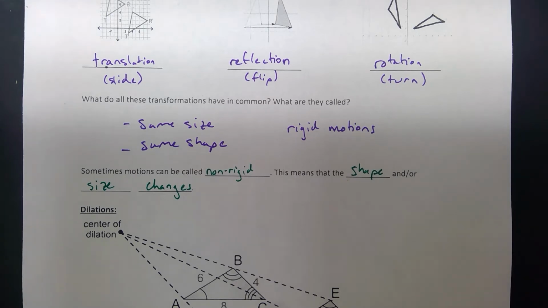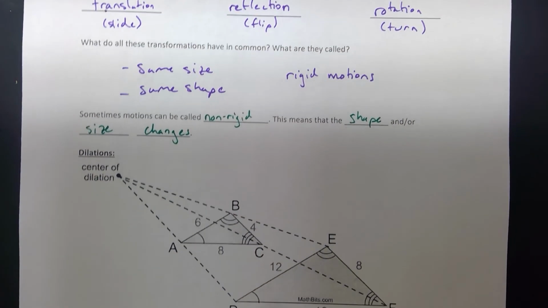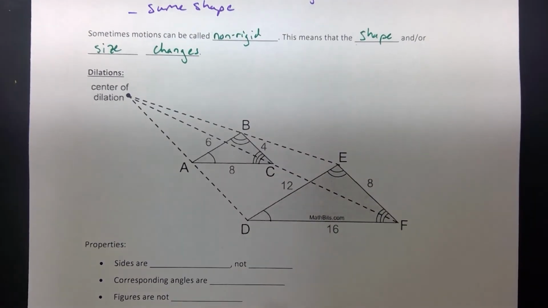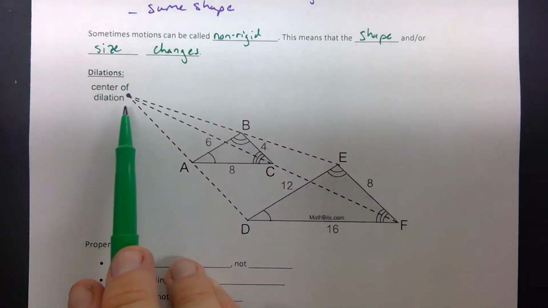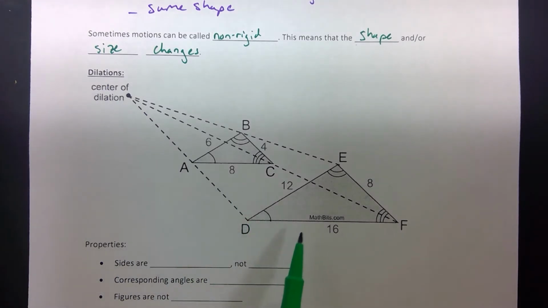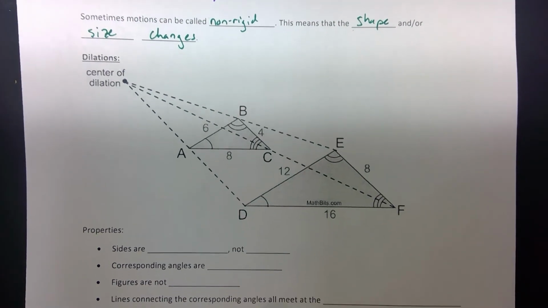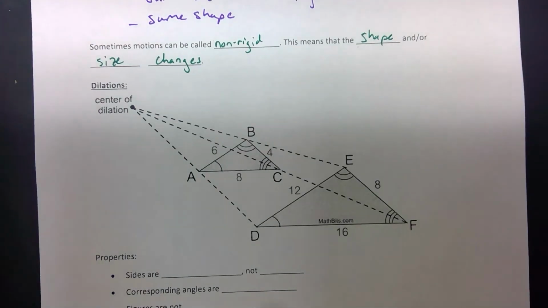All right, so we've got a nice little picture of a dilation here for us. Okay, we have our center of dilation here. That's our important point. And then we have two figures here, two triangles. And so let's look at some key features, some properties of our dilations.